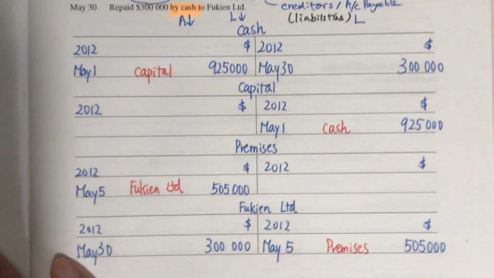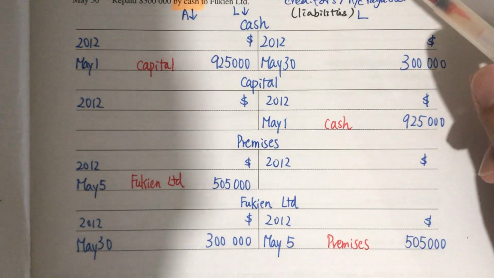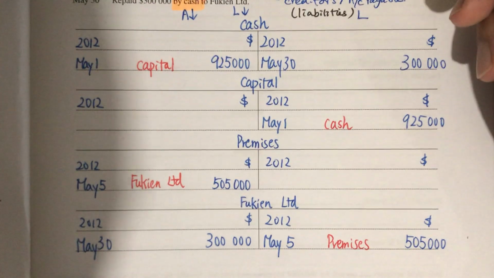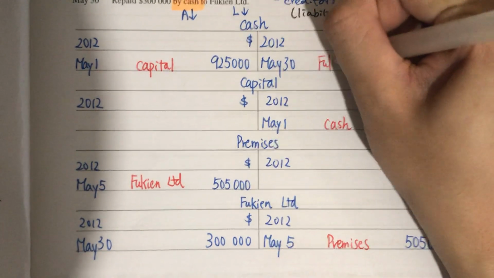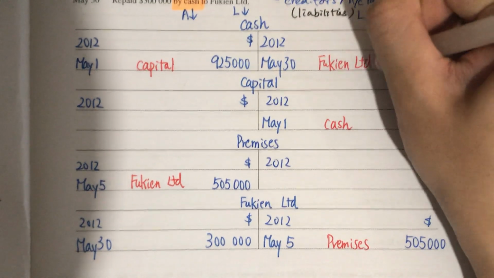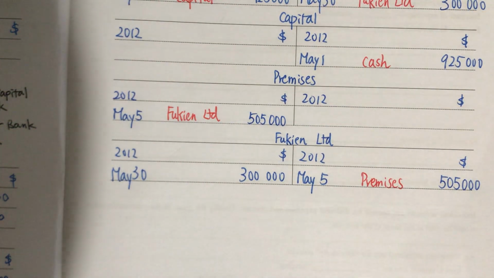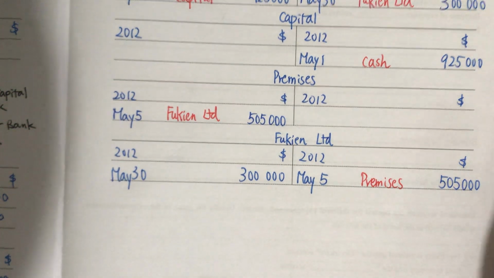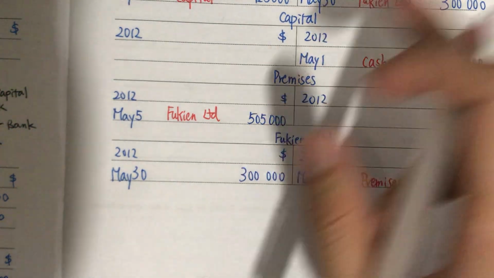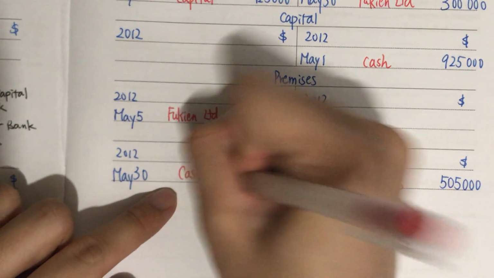So we also need to put the related account in both accounts. Okay, for the cash account, you will see we pay cash for the Fokin Limited, so we put the name Fokin Limited here. And for the Fokin Limited account, which kind of source or which kind of account we pay from, bank, check, or anything, you will see we pay by cash, so we put the cash account here.